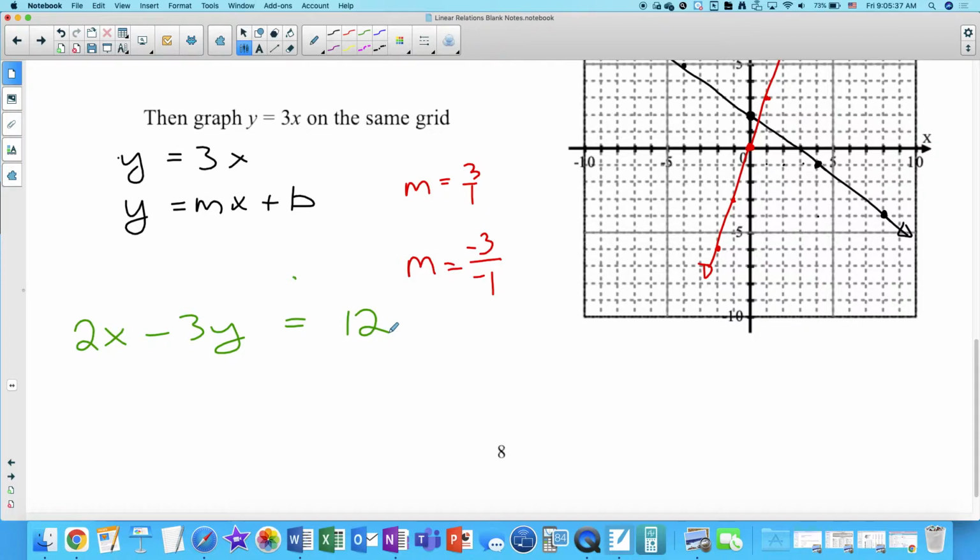So this is not in slope-intercept form, right? When something's in slope-intercept form, we can very clearly see what the slope value is and what the y-intercept is. Now, this is a linear relation, but we don't have y isolated, right? When it's in slope-intercept form, the y variable is isolated. So all we need to do here is a little bit of algebra so that we can isolate the y, okay?